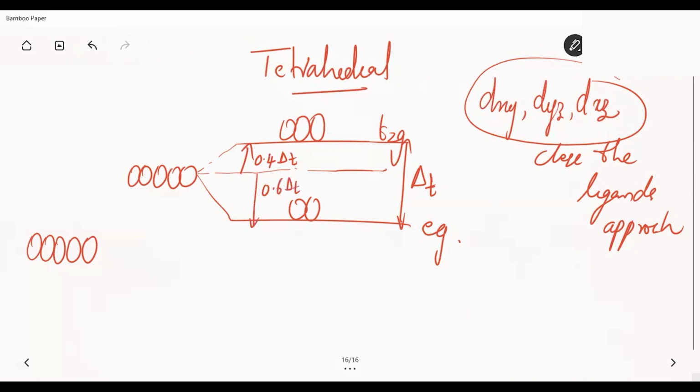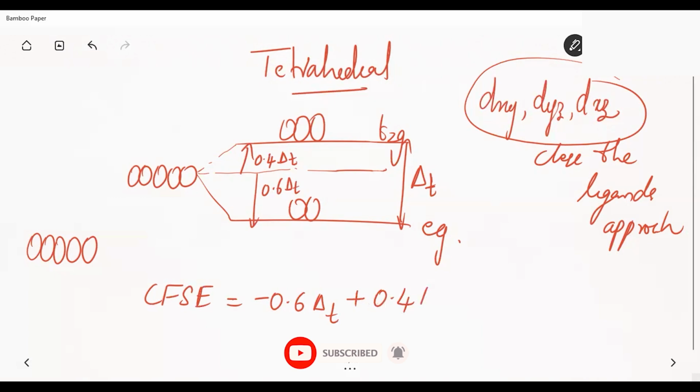So how will you calculate the crystal field splitting energy of tetrahedral? Minus 0.6 delta T plus 0.4 delta T. Sorry, we have to add x and y. Once again, take this delta T overall outside.